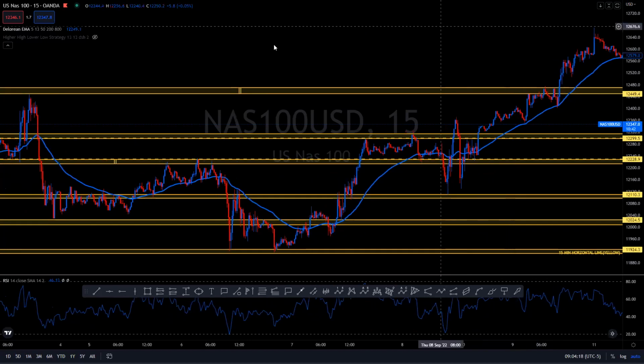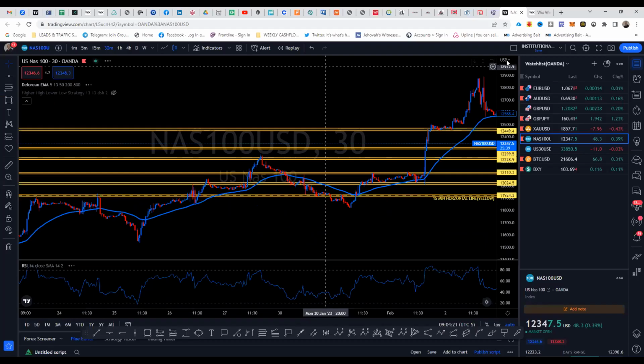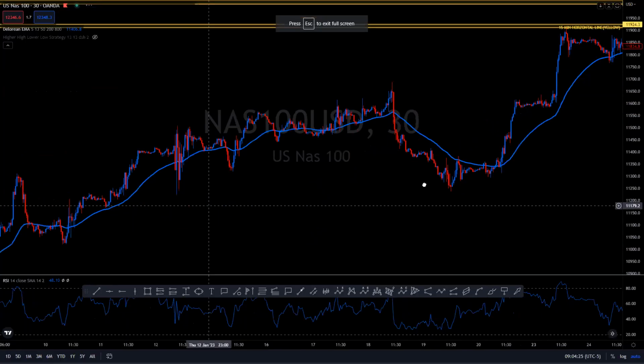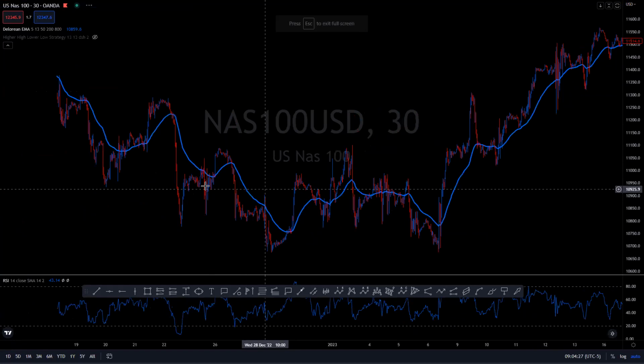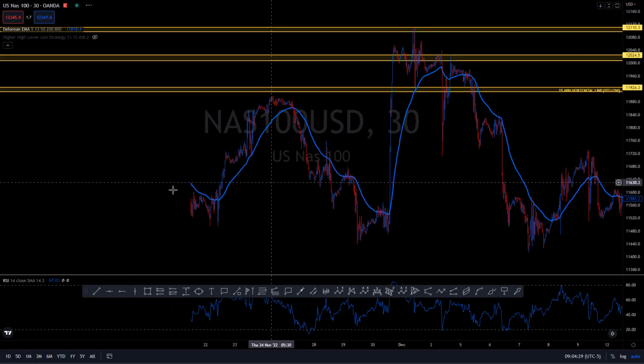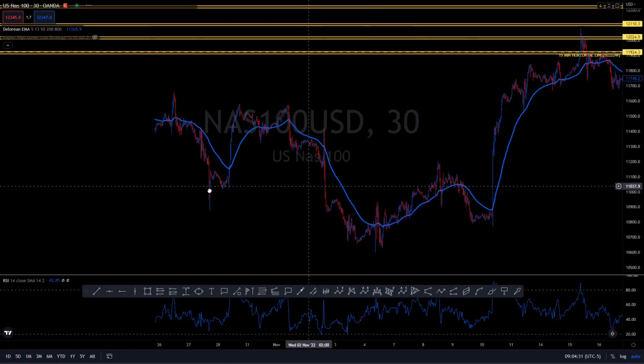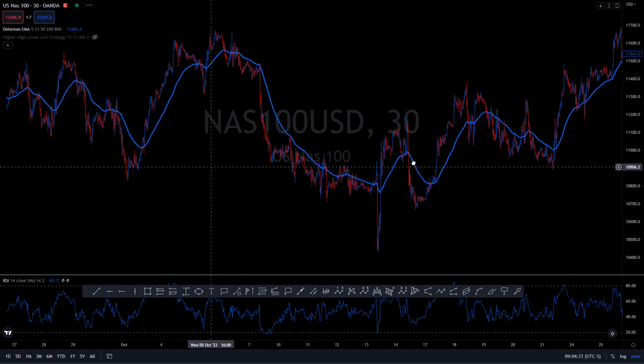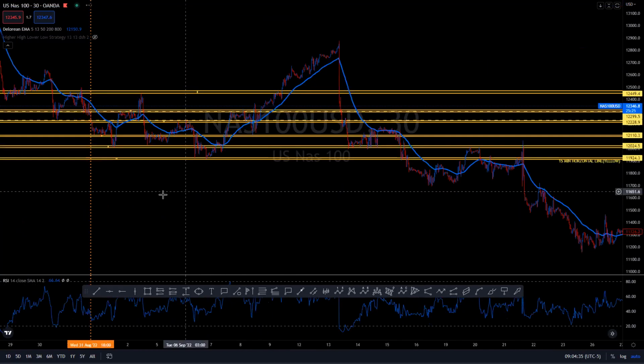So let's go on ahead to the 30-minute time frame. We'll kind of start back where we left off. Last vertical line, so we'll find that. There it is.